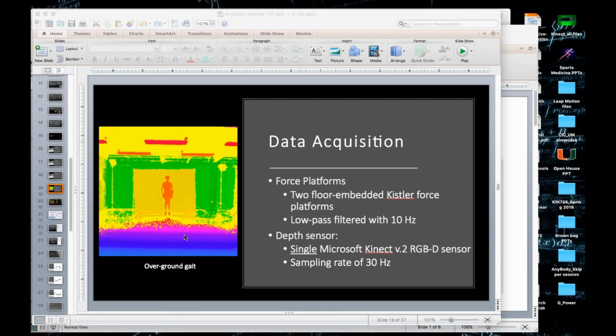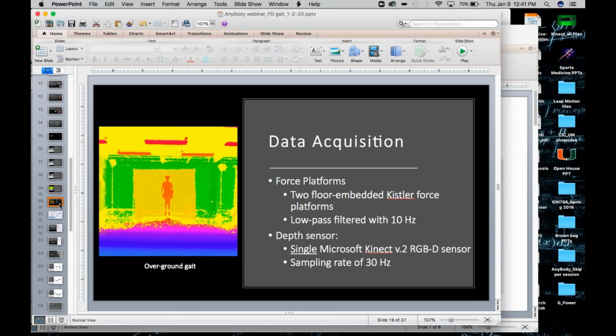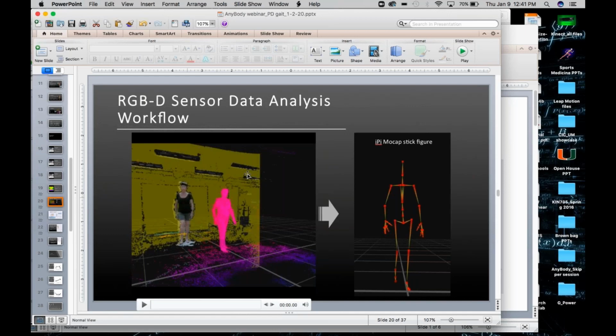But for this particular project, what you see on the right-hand side is basically the post-processing to export this landmark or skeleton or stick figure in a format that the AnyBody model can recognize.